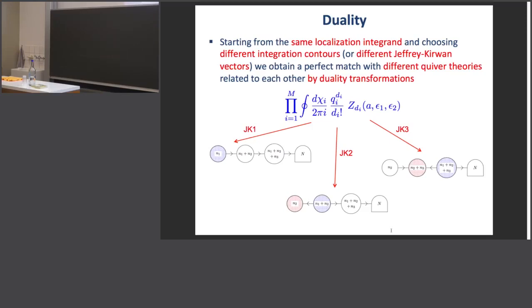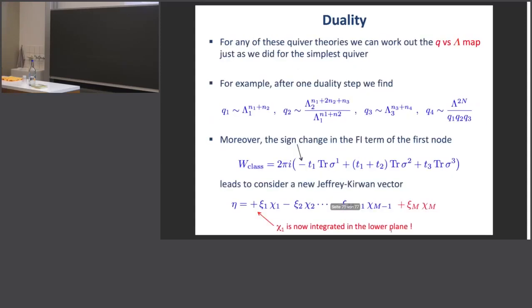Because in these cases, where there is no matter, these are pure theories, the integrand doesn't have a residue at infinity. So if you move the contour, changing the sign in this reference vector means closing the contour below and not above.